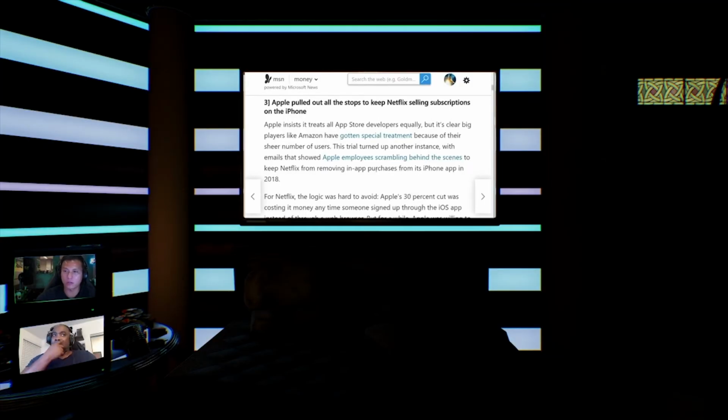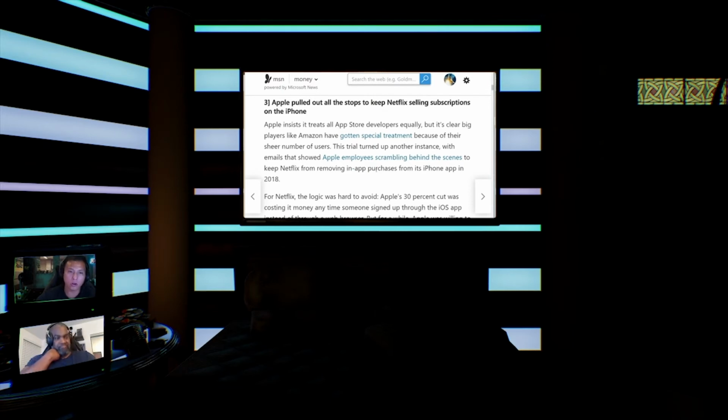The third piece of news is, one of the biggest things that Epic has been arguing is that all the rules aren't fair, right? Apple has this hard and fast rule of 30%, but there's a history of them letting certain companies bypass that rule. So they're picking and choosing who their friends are.